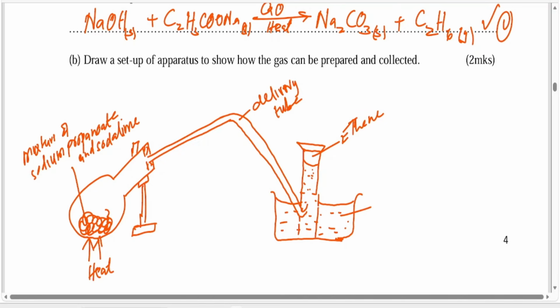And then we have water at this point. So this is how the gas is collected. The marks are distributed on the reagents. Stating the reagents correctly, I have a mark.